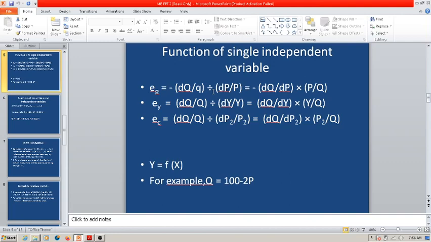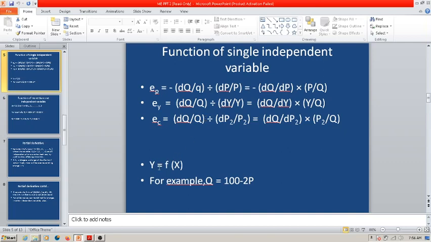It can be a function of price, income, or the related commodity price. So far we took into account either price or income or the related commodity price as the independent variable which is affecting the dependent variable, that is quantity demanded.